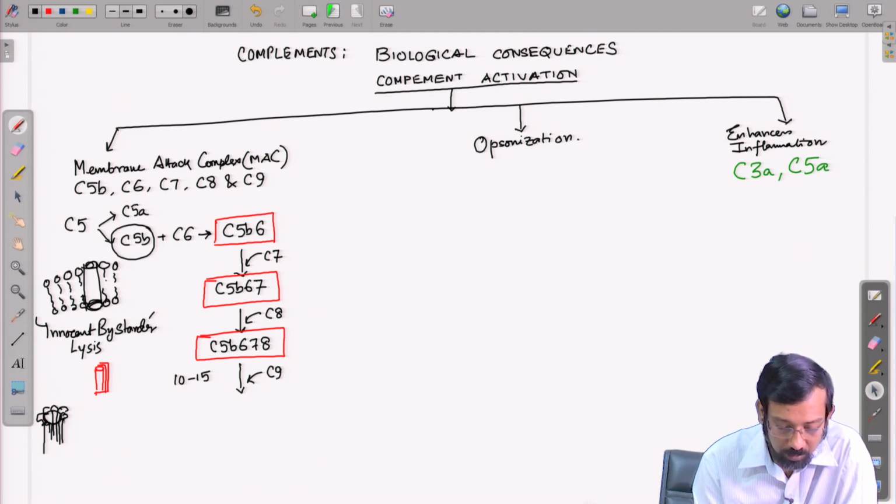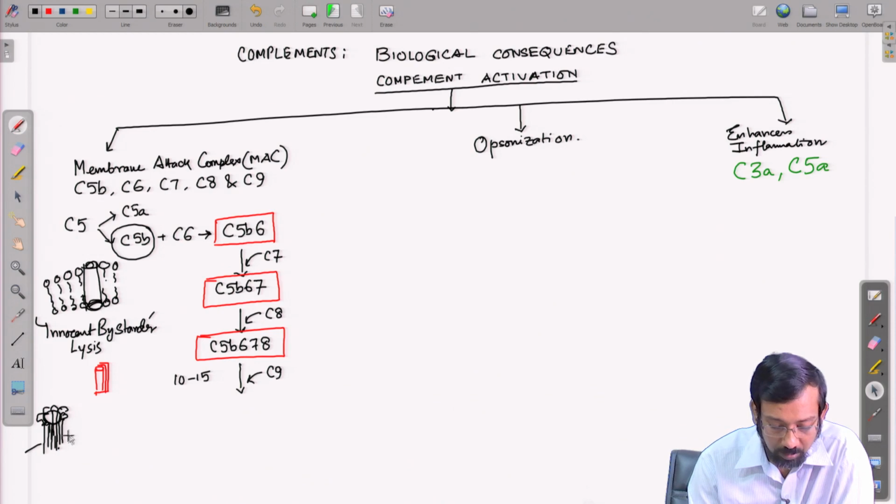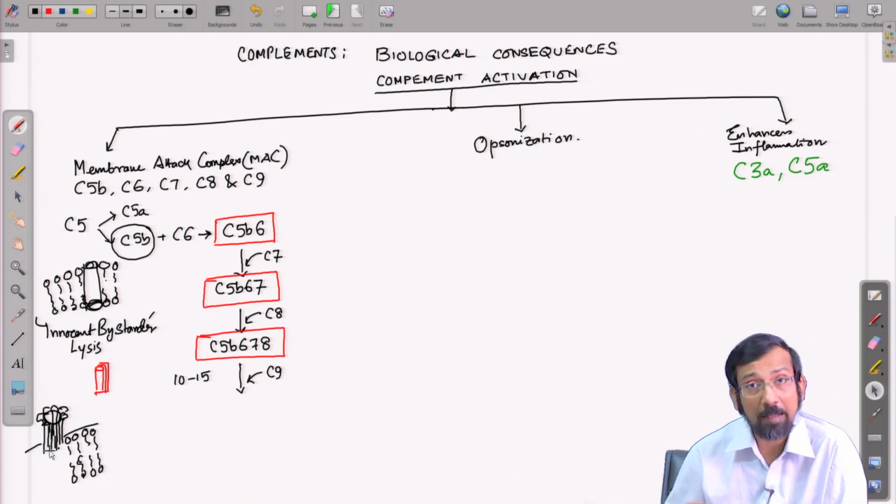And a hollow cylindrical structure like this will be formed. Now, this structure can go into the cell membrane, and that would lead to damage of the cell membrane.